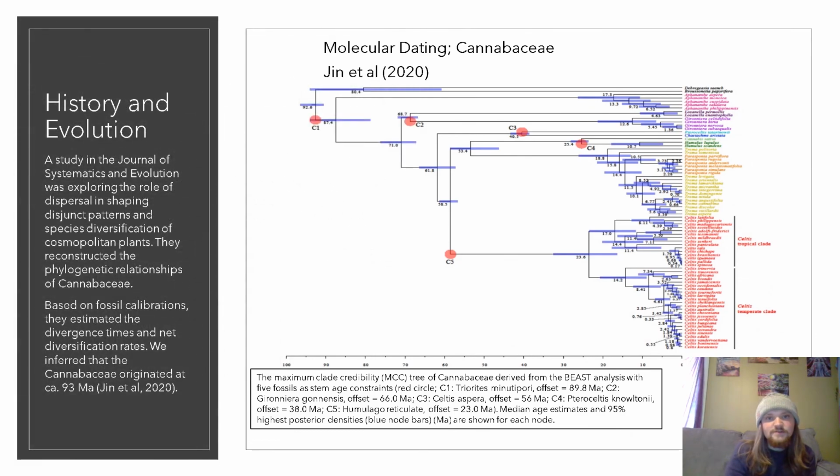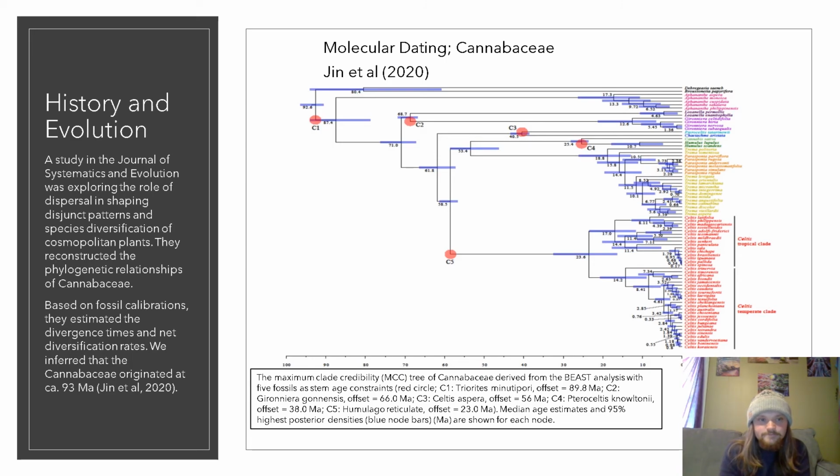It's really interesting to look back on the molecular dating of family Cannabaceae and try to understand how long ago Cannabaceae became Cannabaceae, and all the shifts and patterns that have led to the species and genera that we know today within the family.